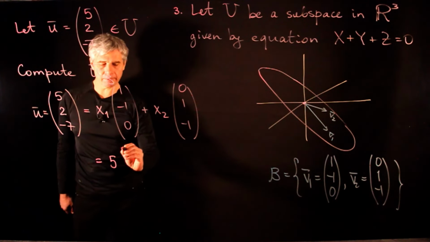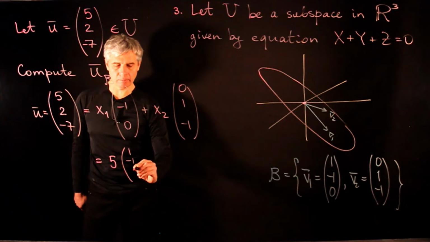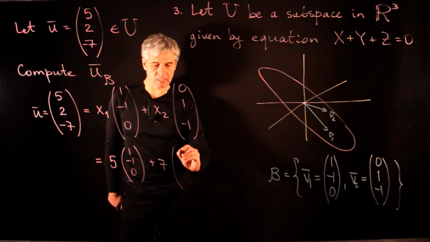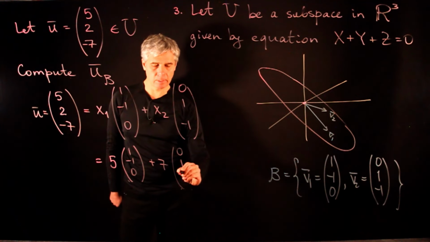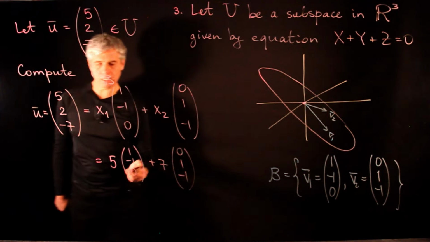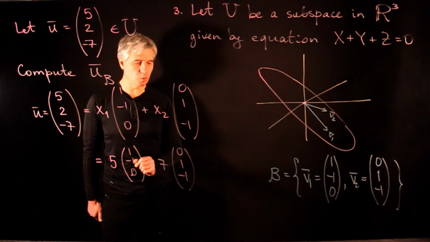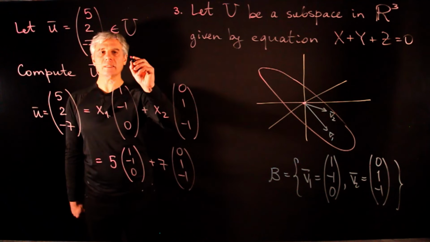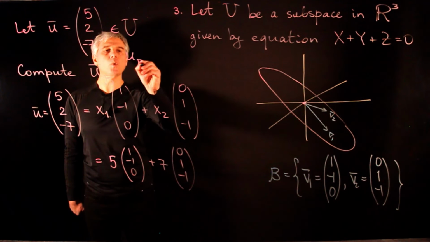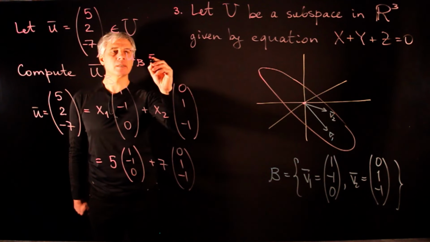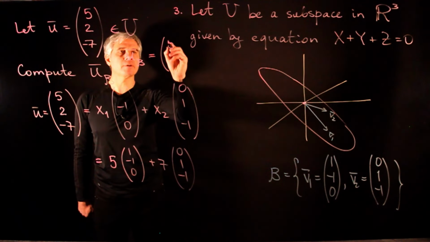So if we take 5 times the first basis vector plus 7 times the second basis vector, then we can easily see that this linear combination is equal to our vector U. This tells us that the coordinate vector of U with respect to basis B is the column vector (5, 7).